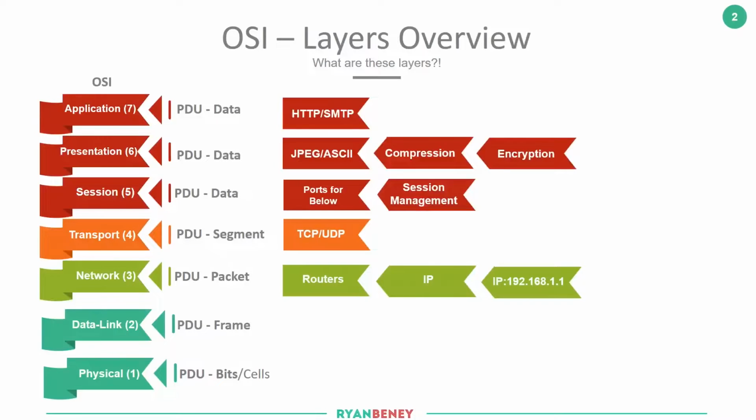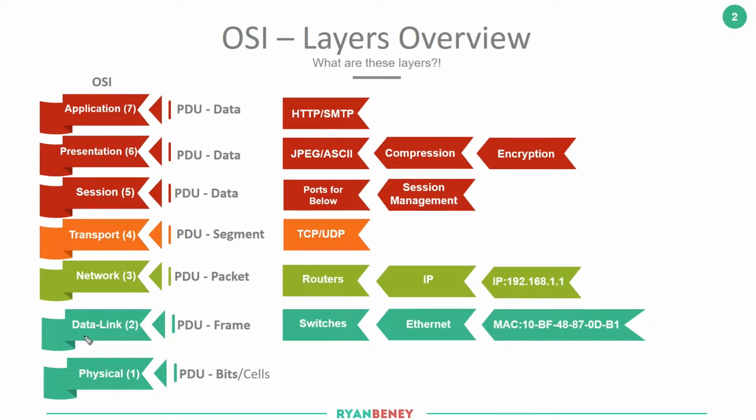Okay, so moving on to the second from last, it's actually our layer 2, which is called a frame for the PDU. We have another bit of hardware that runs here, and that's a switch. I did mention just a moment ago that switches can also run at layer 3, but for now they primarily run at layer 2, and let's believe that until we get later into our studies.